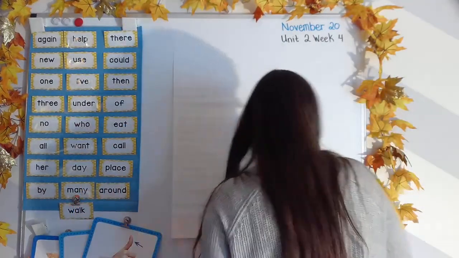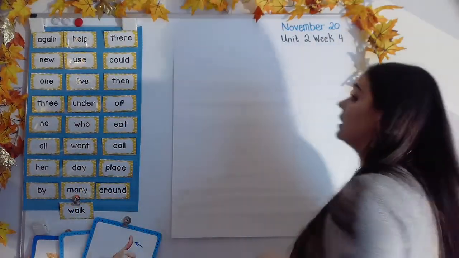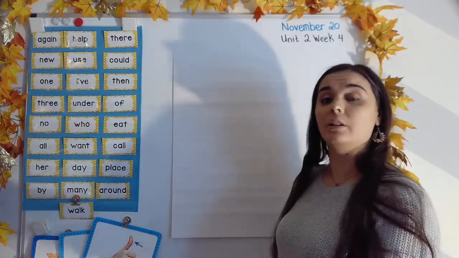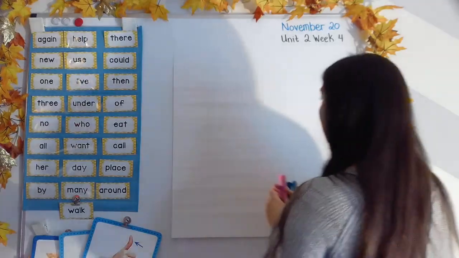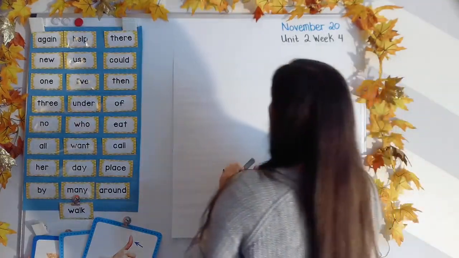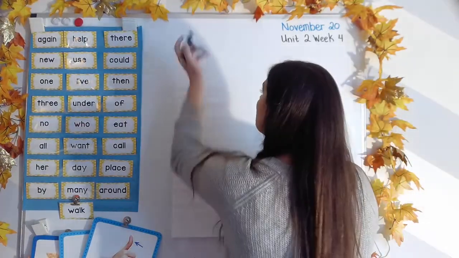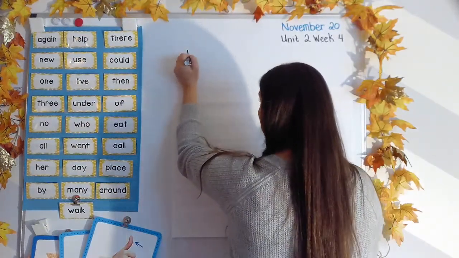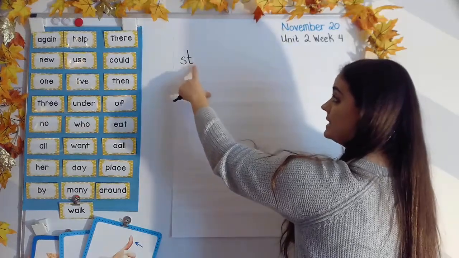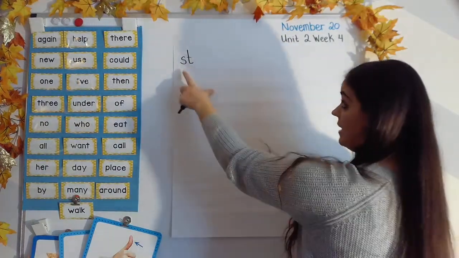All right, let's go ahead and get to some blending. First word, stand. Your turn. Sta, stand. So this is one of those words that has a beginning blend and an ending blend. Sta, S-T, blend those two sounds together.